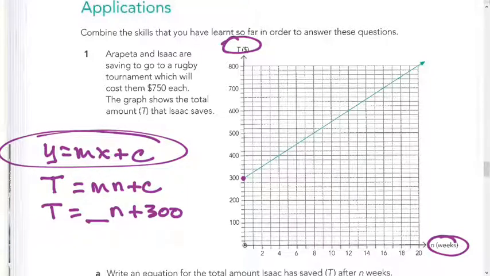Why did I put 300 in place of c? Because that's the place where it's crossing the y-axis. It doesn't cross, actually, it just hits it. This is very typical when you're dealing with money because it's always going to only be in the positive areas because money is always positive.